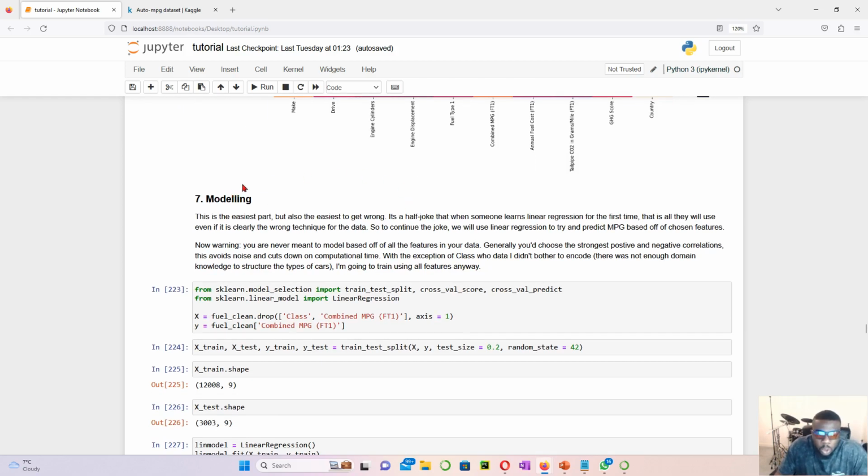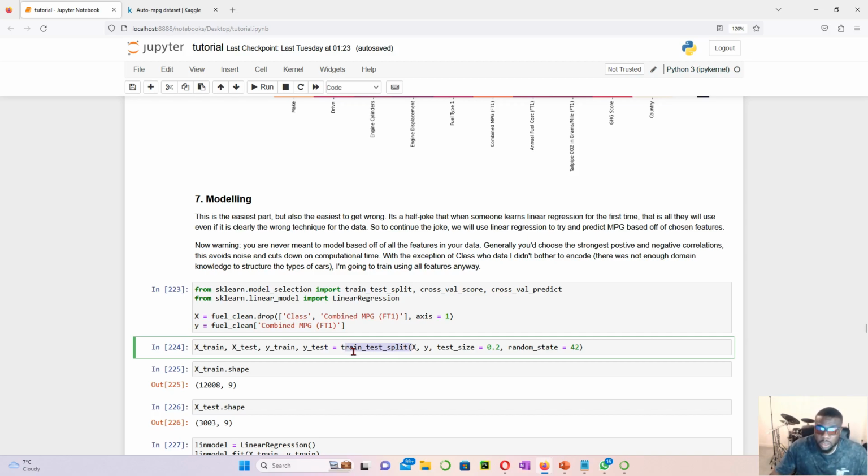So now we do modeling, and this, by and large, is the easiest part of data analysis, right? When you look at a machine learning tutorial, for some reason, most of the tutorials that I've ever looked at don't talk about train test split until several chapters down the line, which I do not understand.